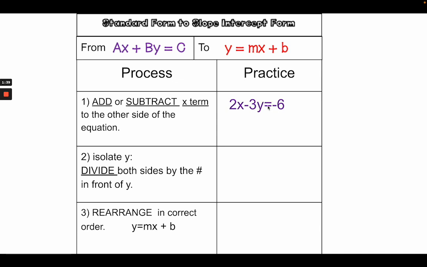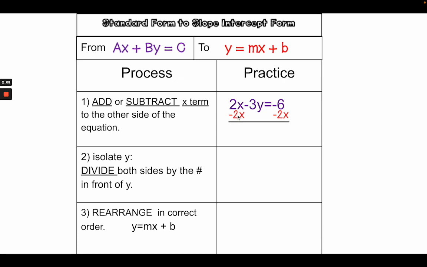So the first step in this is getting rid of the x's. And we know that when we're trying to move x to the other side of the equation, it's going to be based upon the value. So this is a positive 2x. In order to get rid of positive 2x, we need to do the opposite, which is minus 2x. And whatever I do to one side of the equation, I must do to the other side of the equation. Okay, these will cancel out, 2x and 2x.